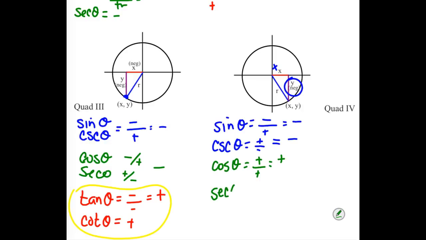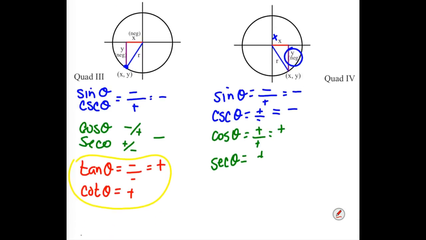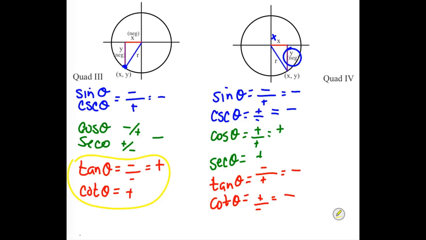And secant, same thing. And then for tangent and cotangent, our tangent is going to be y divided by x, so a negative divided by a positive, which is negative. Cotangent is the reciprocal, still negative. So for this one, the only one that came out positive was the cosine and secant piece.